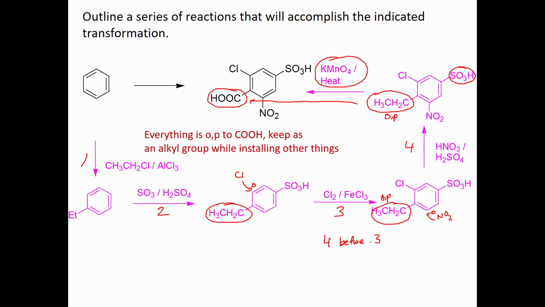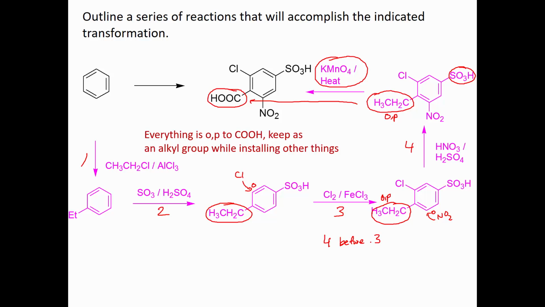Okay, if we tried to do any of these chlorinations or nitrations before the sulfonation, we probably wouldn't get high selectivity for the ortho position, but we would get some of the right product.